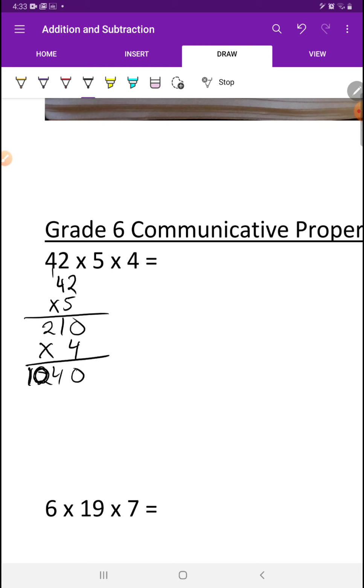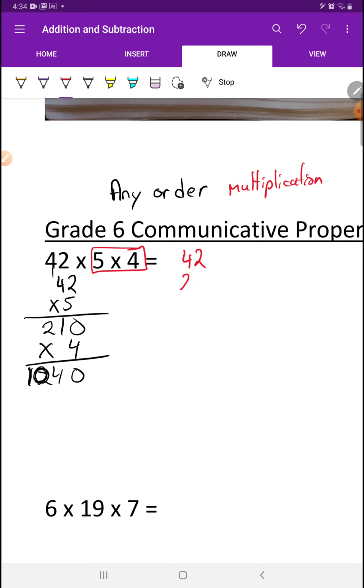Remember, in multiplication, you can answer questions in any order when you're multiplying. It does not matter what order. So in this case, it makes more sense to do this first. Again, remember, this is only for multiplication. In division, it matters what order you do, okay? But in multiplication it doesn't. So it makes more sense to do that.